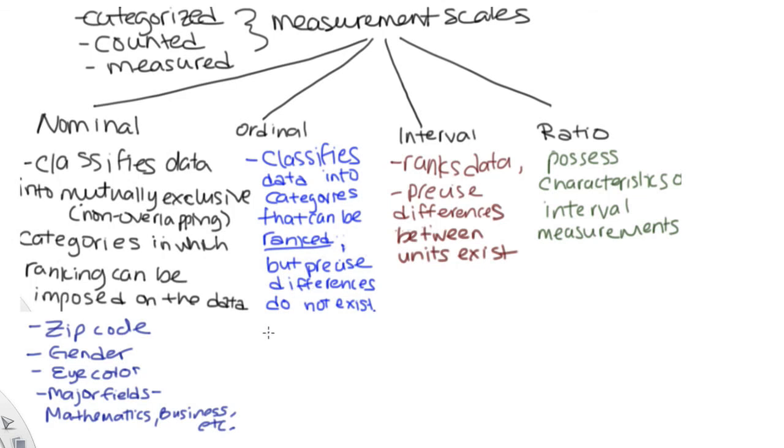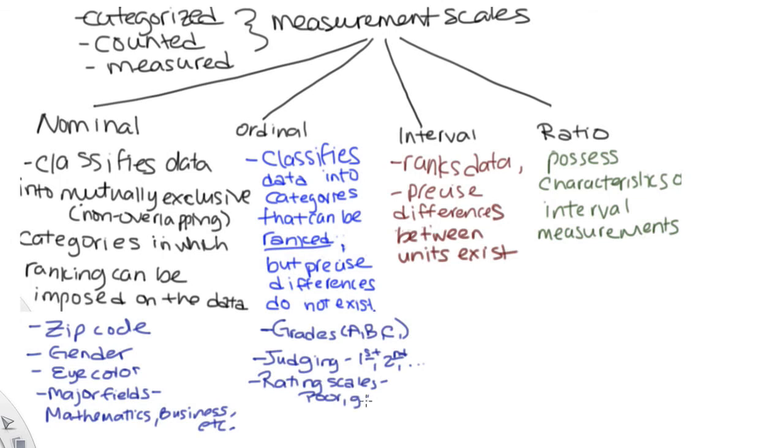But precise differences do not exist, such as grades, for example, you can be ordered A, B, or C, but you don't know what exact value you received in order to get an A. Judging, that would be placement, first place, second place, etc. Rating scales, such as poor, good, great, etc., and ranking.